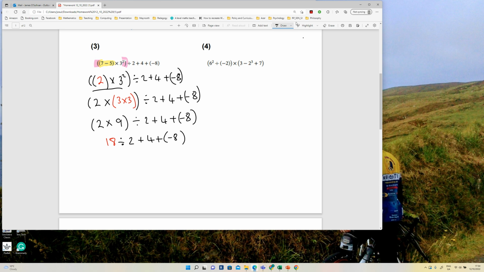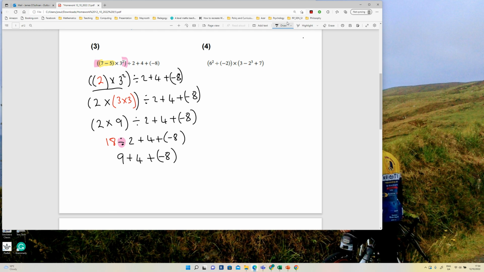So in our BIRDMAS, the next thing that we need to do is obviously this guy here, the division. So let's sort that out. So 2 divided into 18 is 9, plus the 4 plus the minus 8. So that's all I've left now.